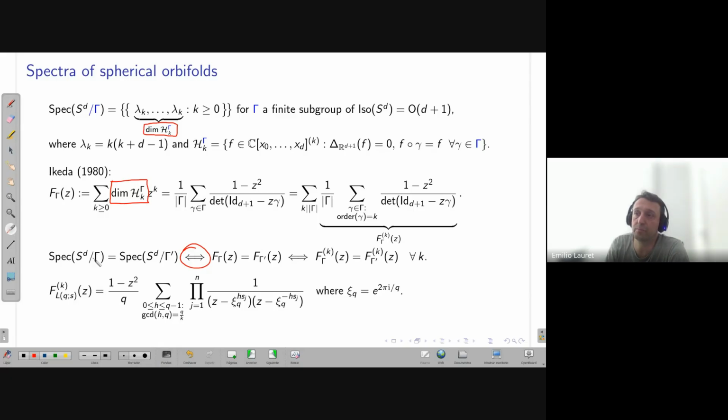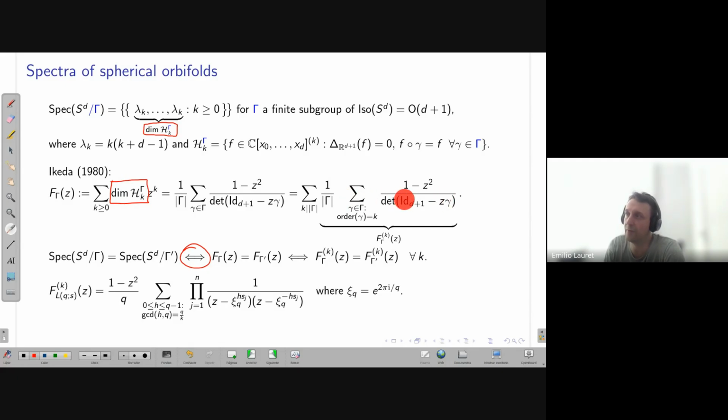The two spherical orbifolds are isospectral if and only if these two numbers are the same for gamma and gamma prime, right? Because it's the only thing that the subgroup gamma affects in the spectrum. And this number will be the same if and only if these power series are the same for gamma and gamma prime.